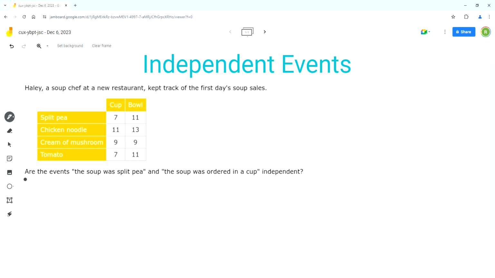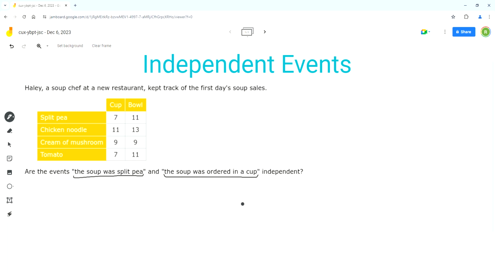And we have to find: are the events "the soup was split pea" and "the soup was ordered in a cup" independent? So we have to prove that these two are independent events.